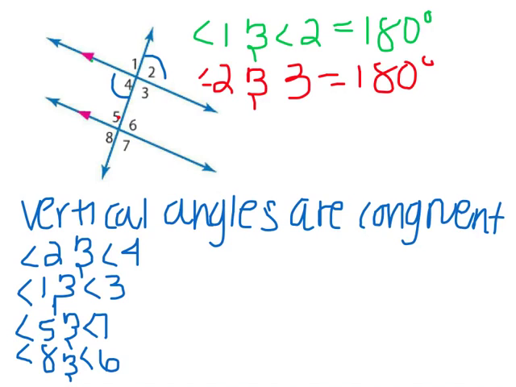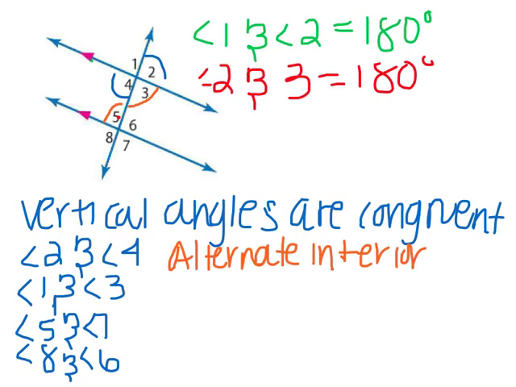Alternate interior angles, so that would be angle 3 and angle 5. Angle 3 and angle 5 are also congruent.